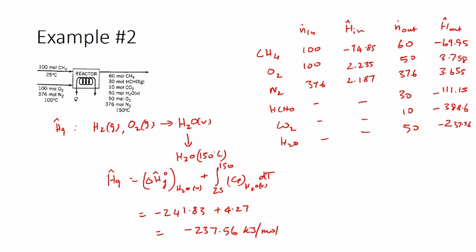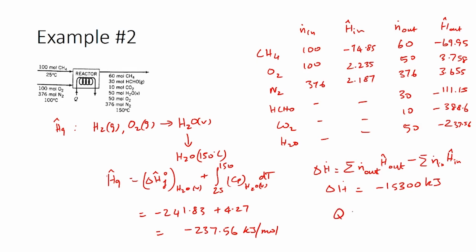237.56. Now that we have this, the total enthalpy of the outlet stream can be calculated as the summation of the individual flow rates times the specific enthalpies, and similarly you can calculate the total enthalpy of the inlet stream, and the difference between the two is your delta H dot, which would be sigma N dot out times H cap out minus sigma N dot in times H cap in, and this value delta H dot is equal to minus 15,300 kilojoules.